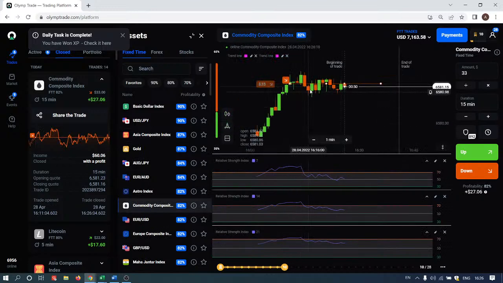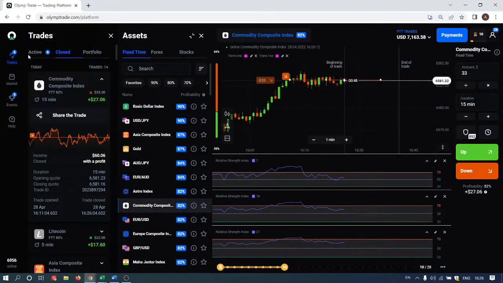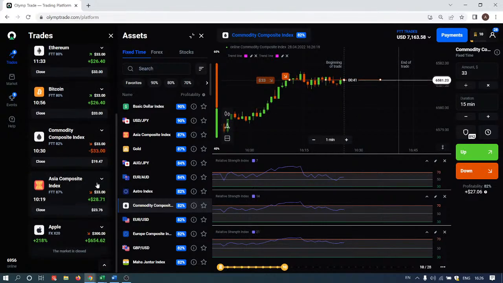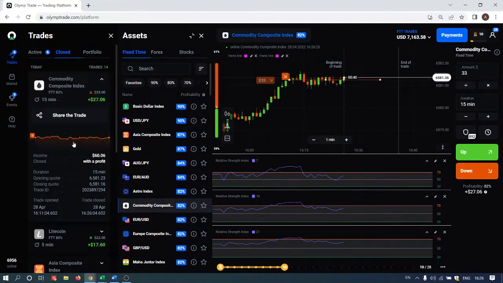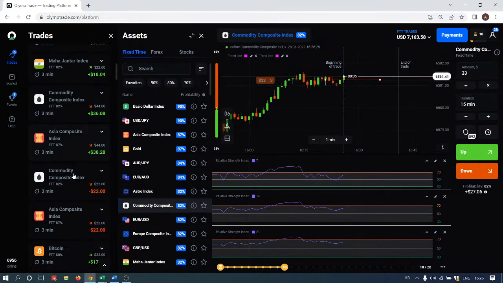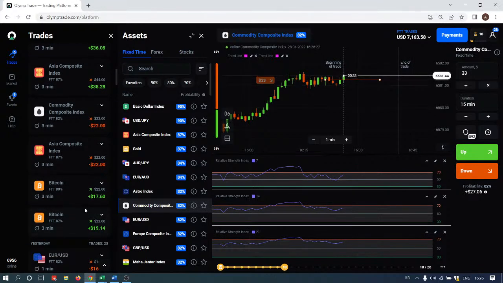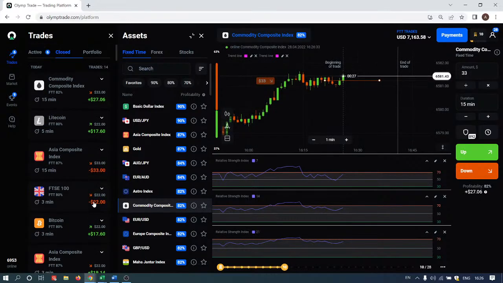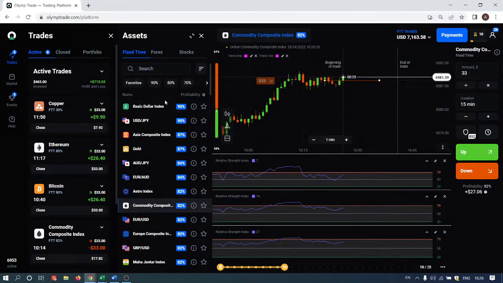So this time I'm stuck in this sideways movement a little bit, but oh well, can happen. Now, my short-term trades with a duration of 3 minutes and 5 minutes, most of them are closing with the profits, so not bad. Started here, again, knock on wood.